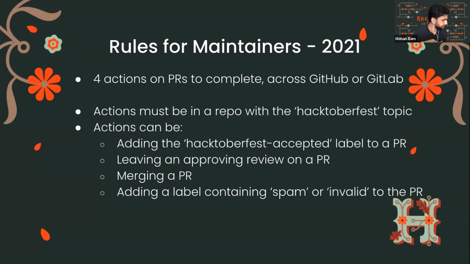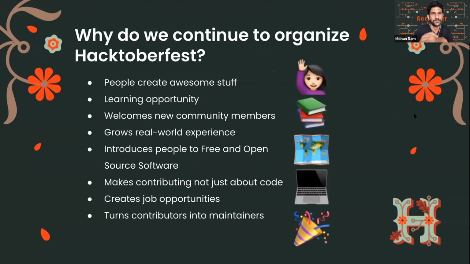And adding a label containing spam or invalid. So you also have a choice this time to label any PR as spam or invalid. That also counts towards your actions that you can take as a maintainer in this year's Hacktoberfest.